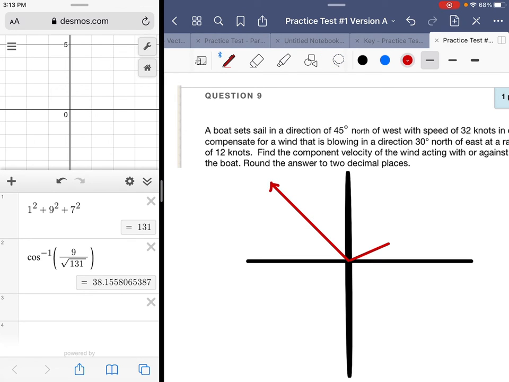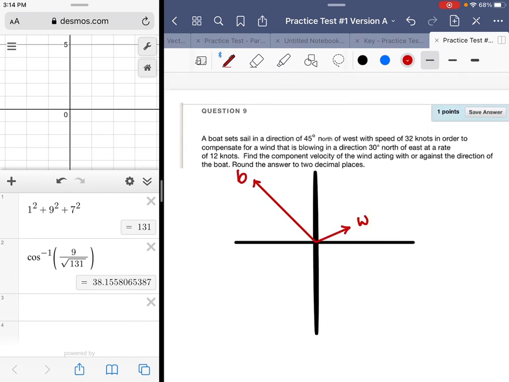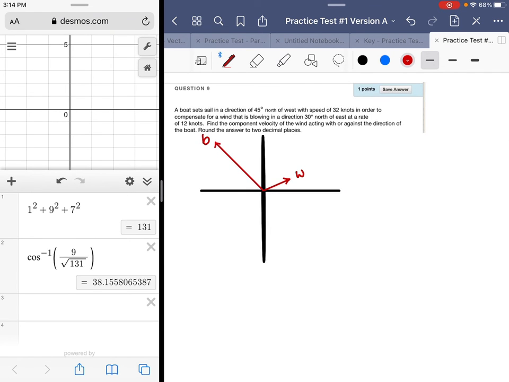All right. So we'll call this one, we're talking about a boat, we'll call this B, and we're talking about the wind, so we'll call this W. They're telling us the boat is moving at a magnitude of 32, and it's 45 degrees north of west.